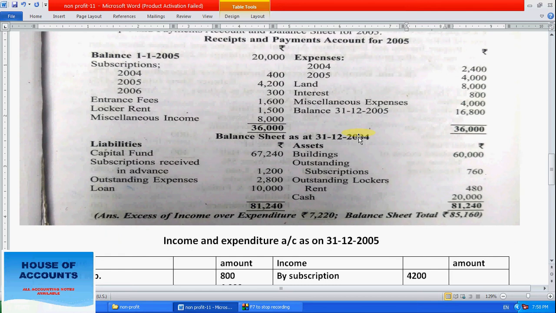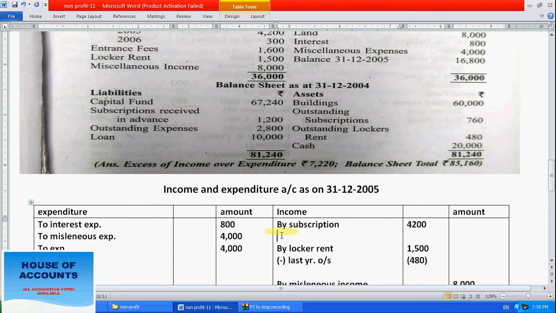It was received last year because it belongs to the current year only, so this entry will come in the current year. So add here subscription received in advance. How much received?